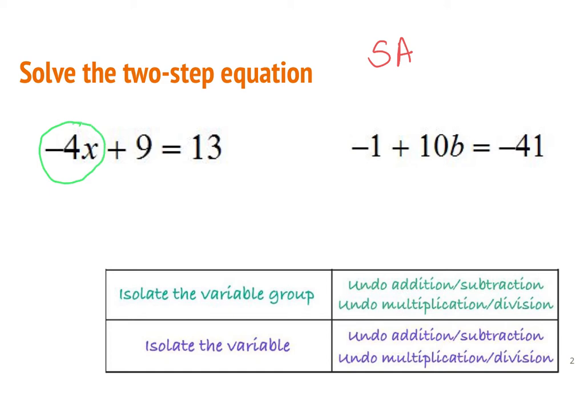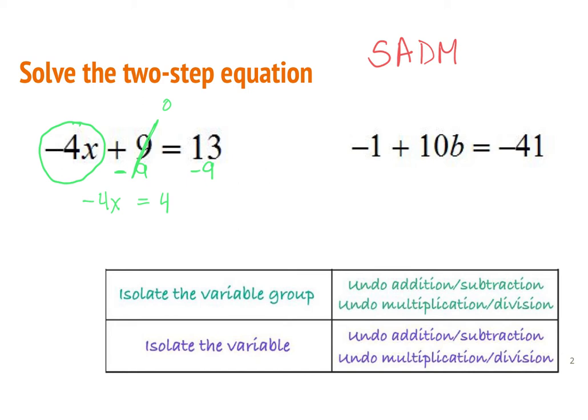So I am going to isolate this first by getting rid of the 9. So I'm going to do minus 9 on both sides. So now we are left with negative 4x. This becomes 0. 13 minus 9 is equal to 4. Now we want to isolate the variable by undoing multiplication or division.